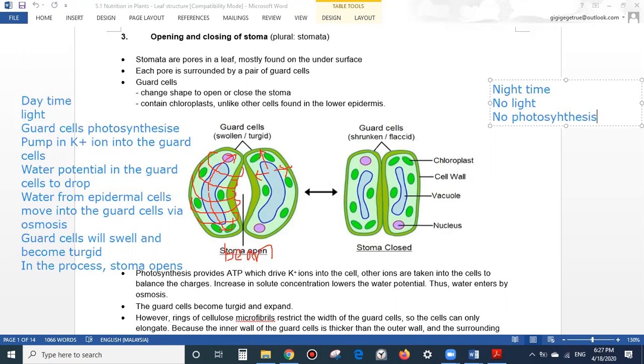So if there's no photosynthesis, then you cannot actively pump in your potassium ions. So potassium ions diffuse out from the guard cells. When potassium ions diffuse out from guard cells, water potential in the guard cells increases.